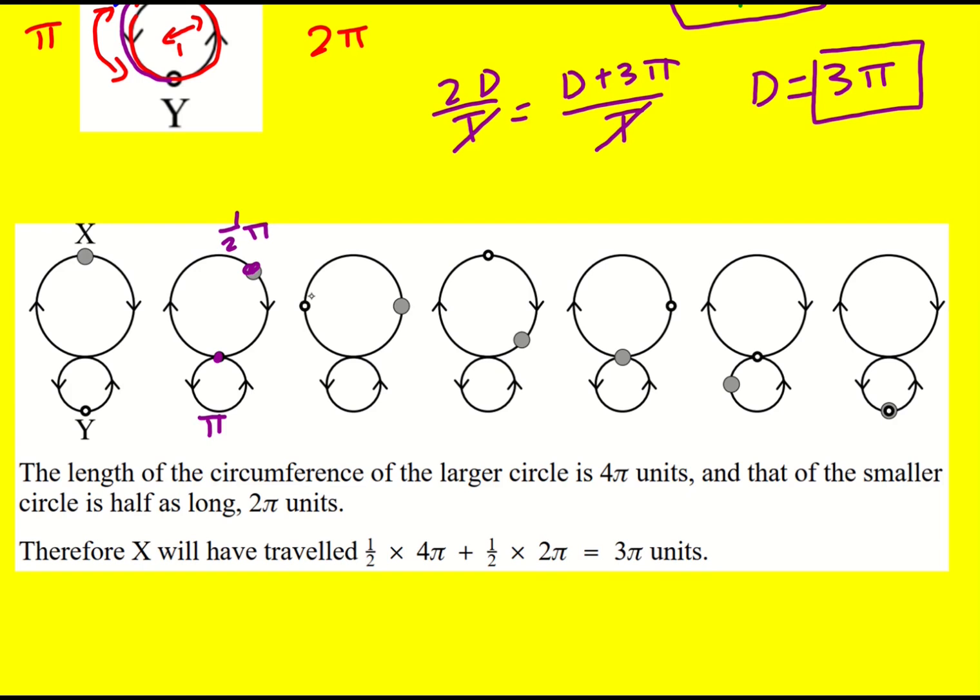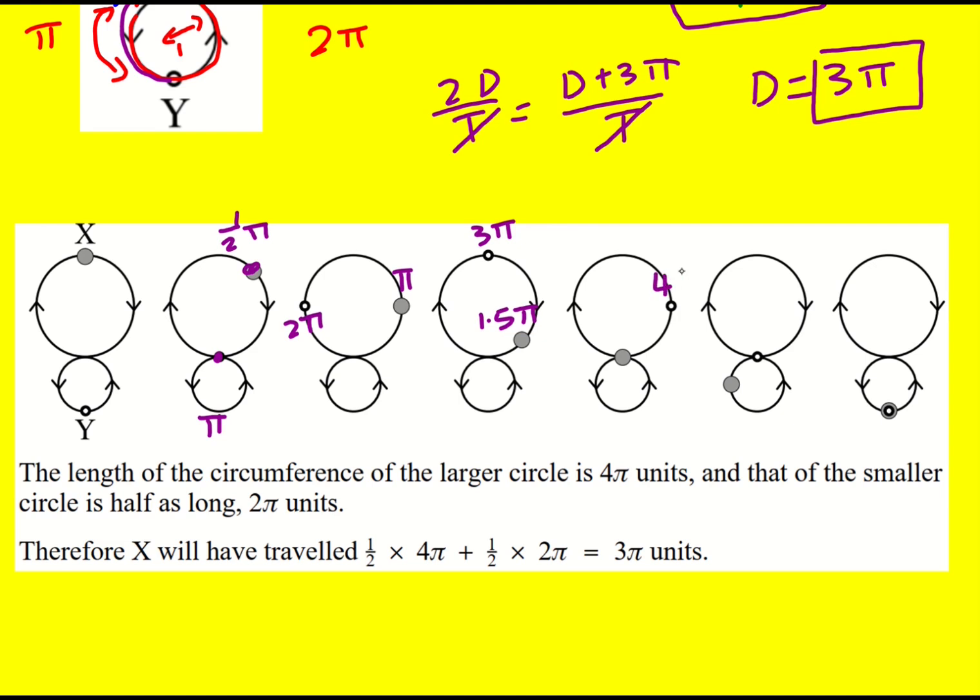And then up here, I think it's been 2 pi and pi, then 3 pi and 1.5 pi. You can just sort of keep adding a little bit on every time, remembering that x has moved half the amount.